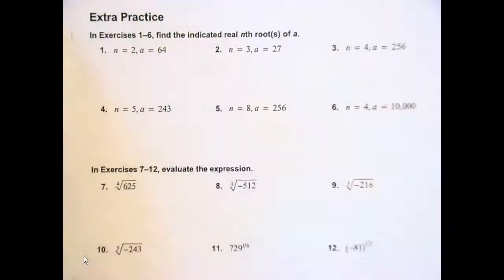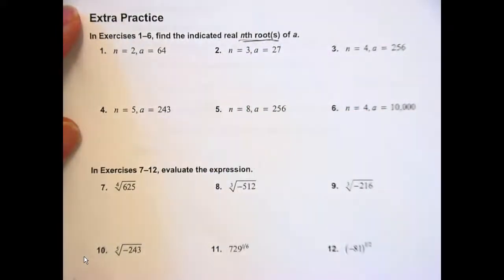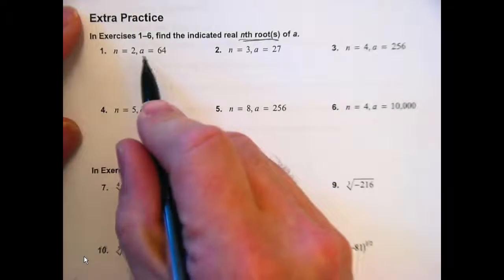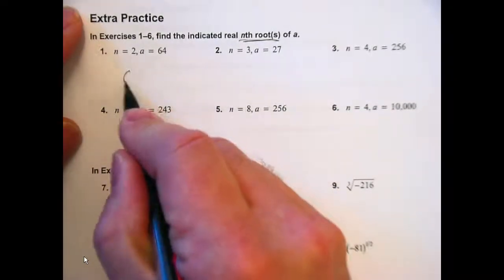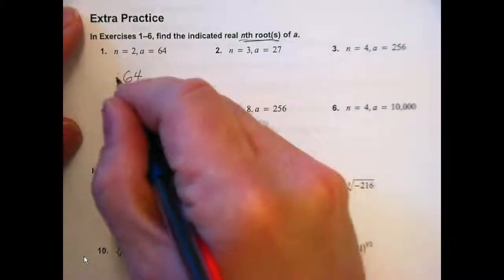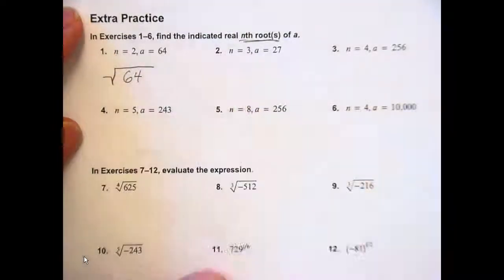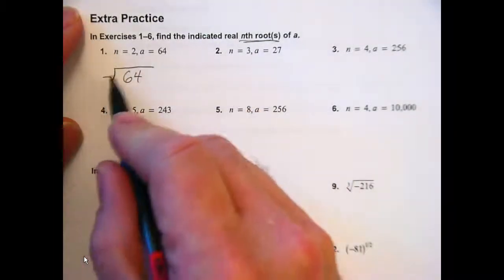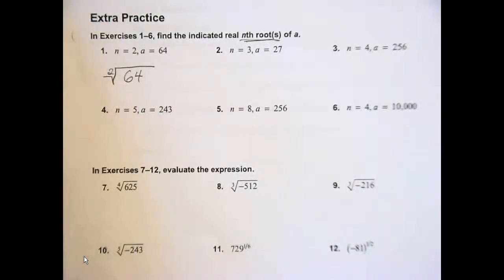So find the indicated real nth root of A. When it's saying nth root of A, they're telling you what A is here. A is 64. So if I'm dealing with the number 64 and I want to find the nth root of it, they're asking you to take A, put it inside a radical, and then find, in this case, the second root of it. Now you in the past have only called the second root square root.